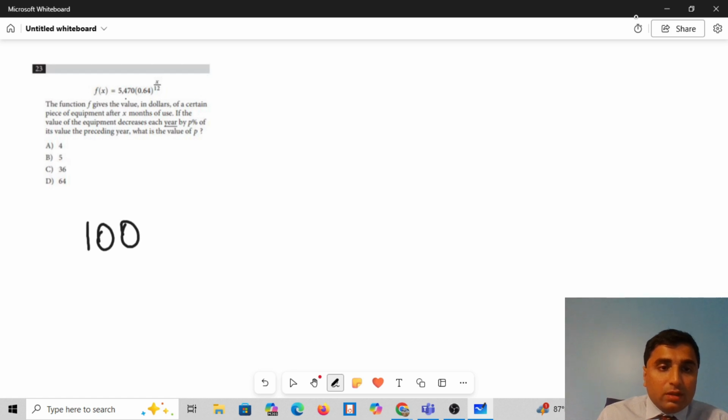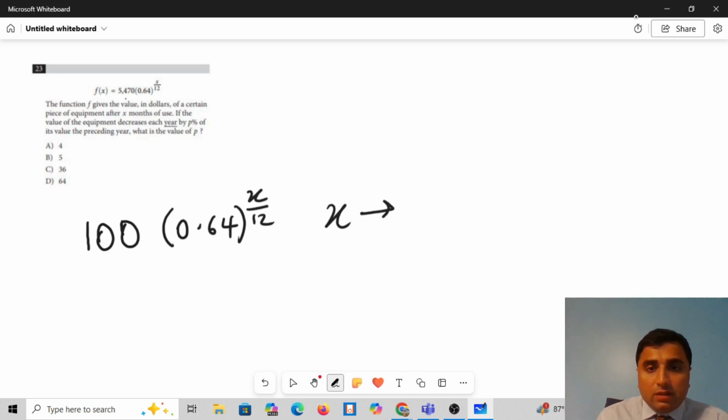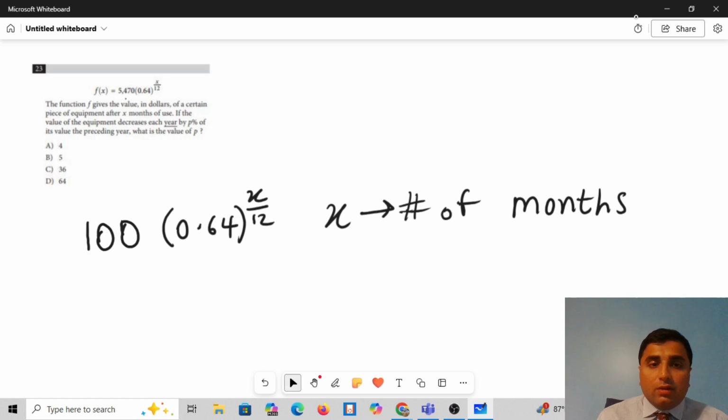Let's multiply this by 0.64 raised to x over 12, where x is the number of months. So every 12 months, the value of the equipment will be 0.64 times the original value.